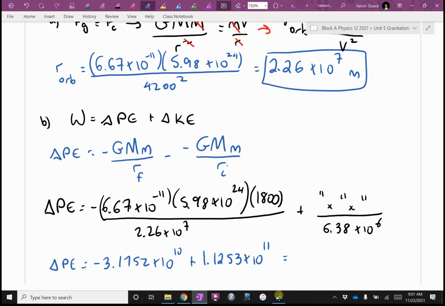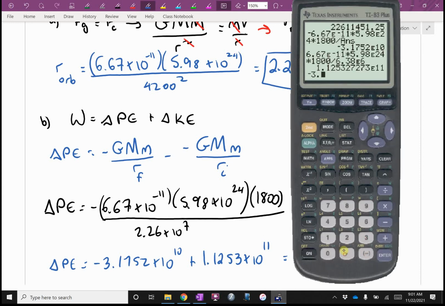And now we're going to combine these. So it's going to be negative 3.1752 scientific notation button 10 plus, hey, I can just hit answer button. And I find that the change in potential energy is 8.0781 times 10 to the 10th.